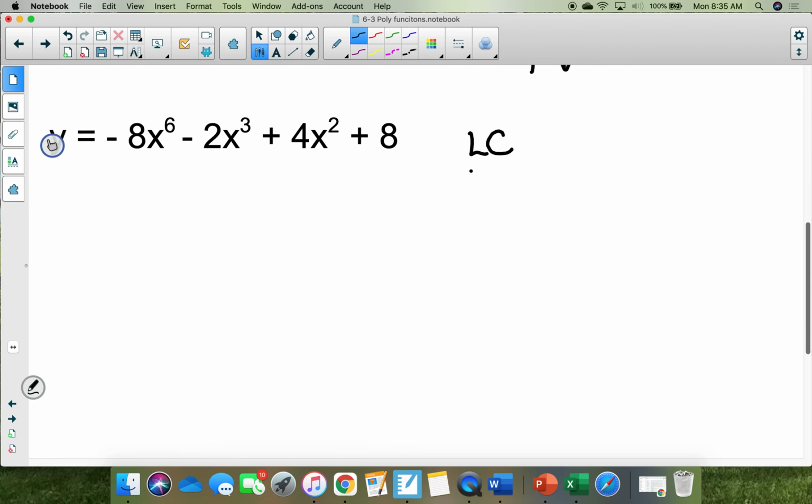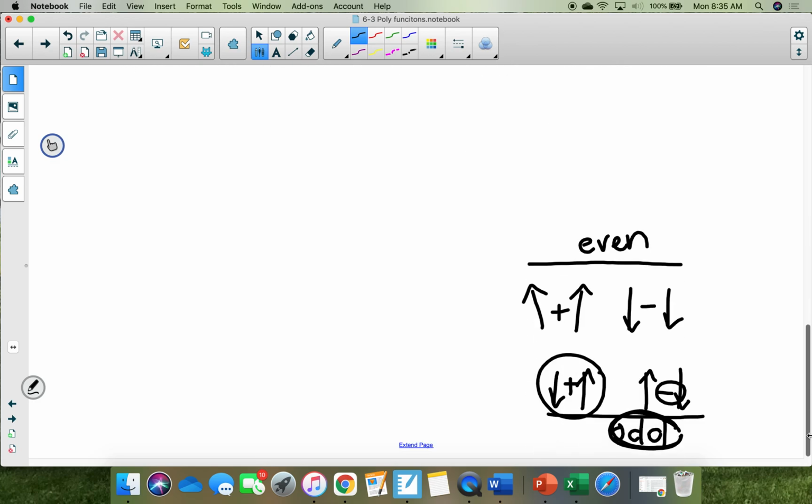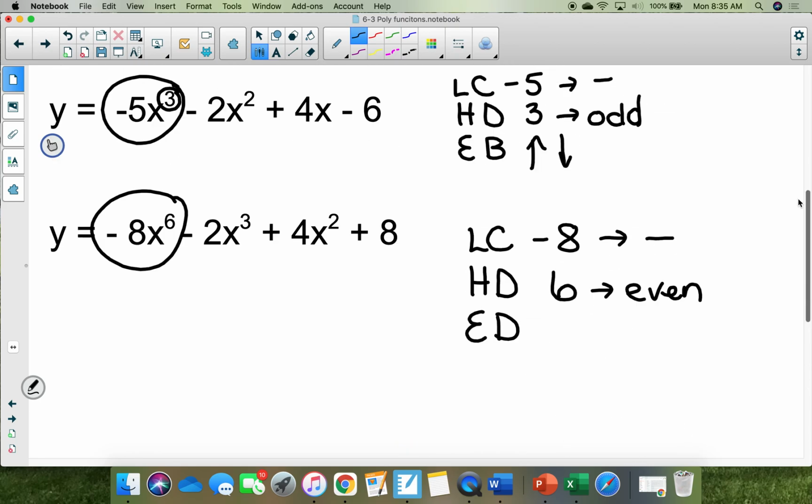Leading coefficient, highest degree, and behavior. I'm going to circle this one. The highest degree is 6. The number out in front is a -8. This stands for negative, and this is an even number. It's negative and even. Look at your chart. Here's even and negative. It's going to both face down.